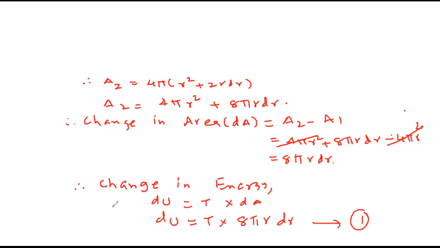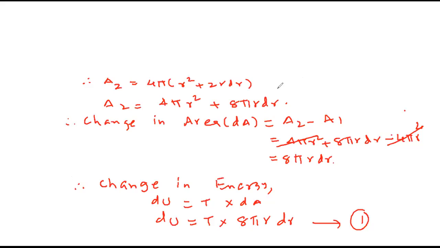Now complete till this, four more lines are there. Done. Now the change in energy is actually work done, which we got here as T into 8 pi r dr.